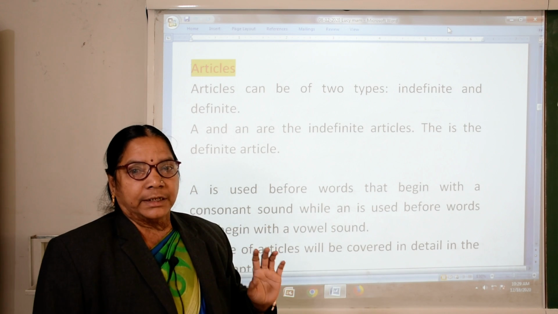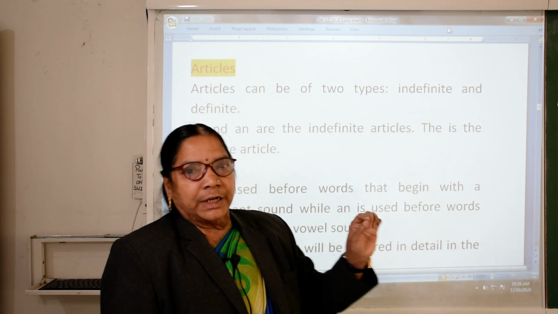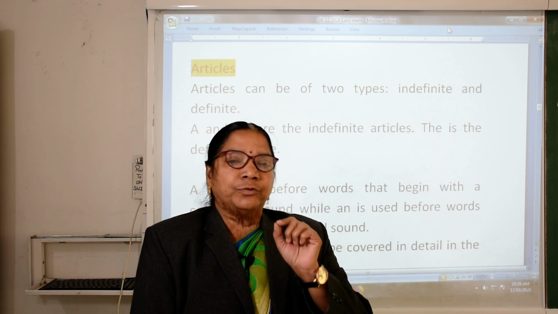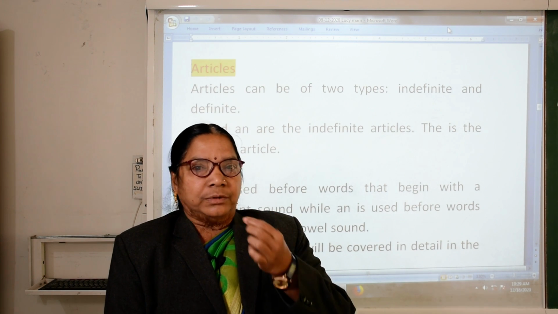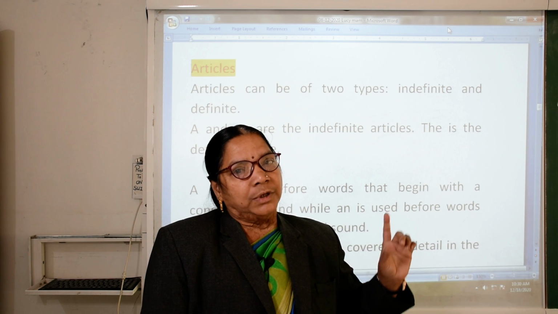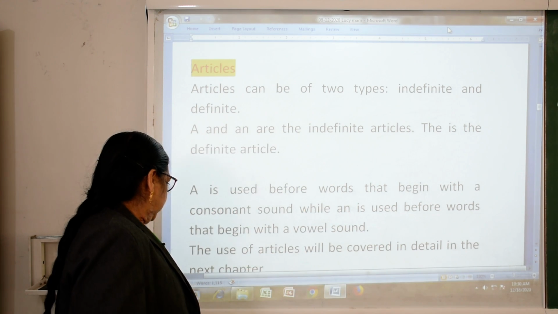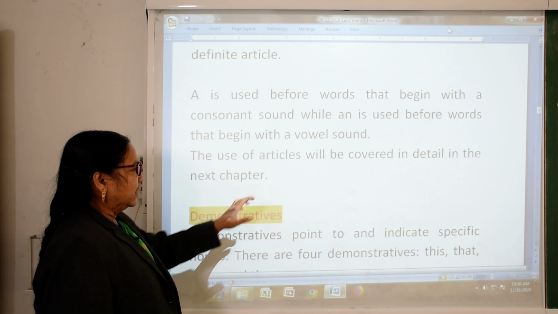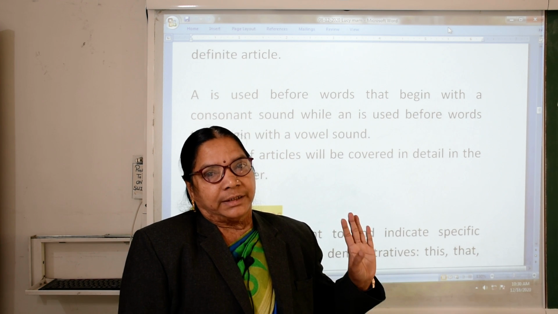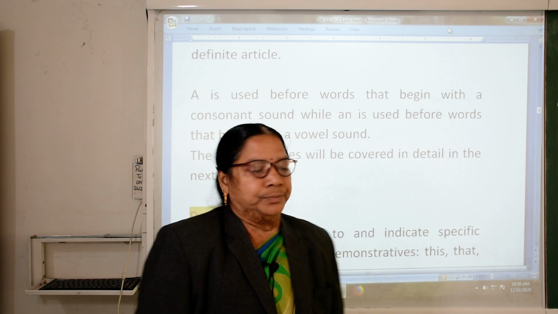It does not simply depend on vowels and consonants in spelling; we have to go with the sound, the pronunciation. The use of articles will be covered in detail in the next chapter.